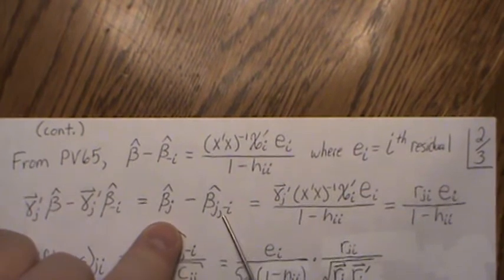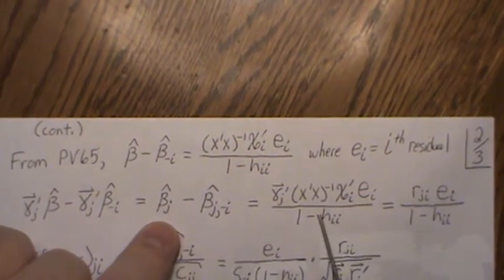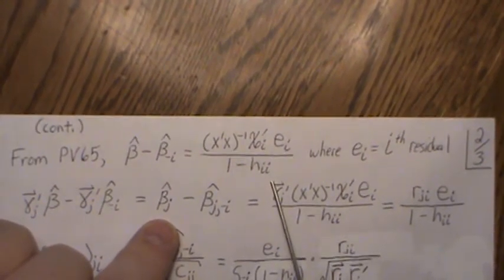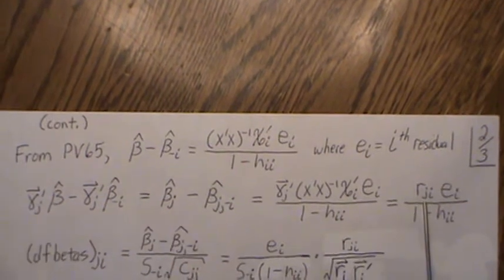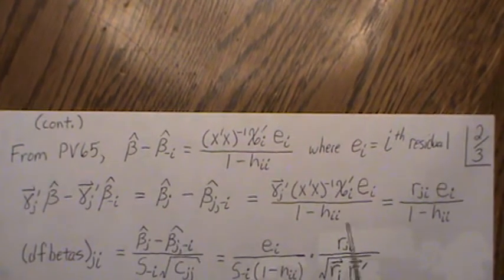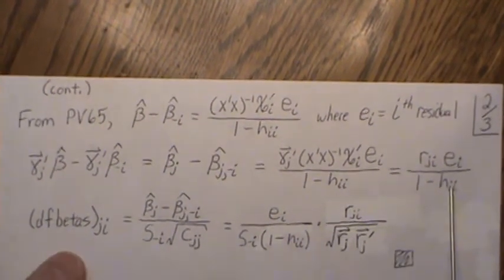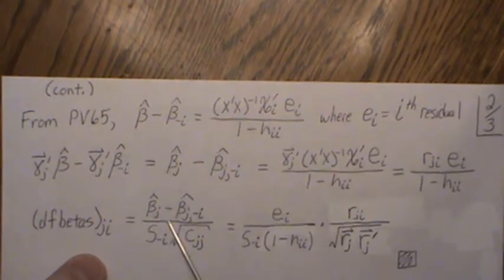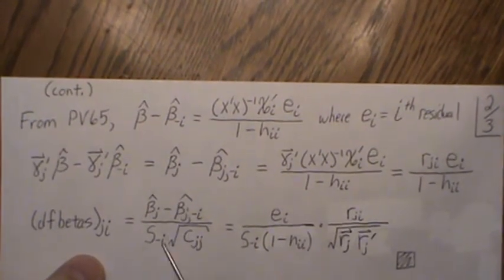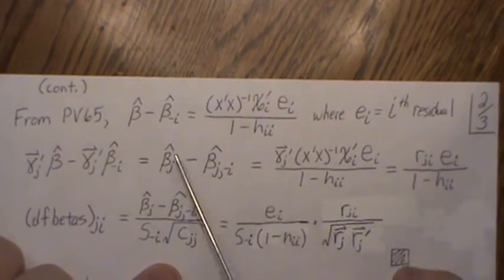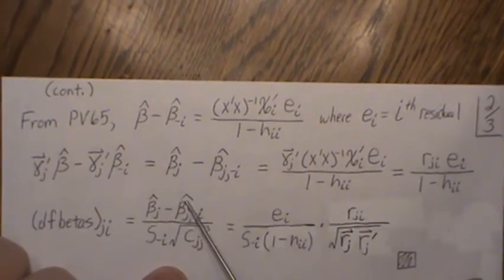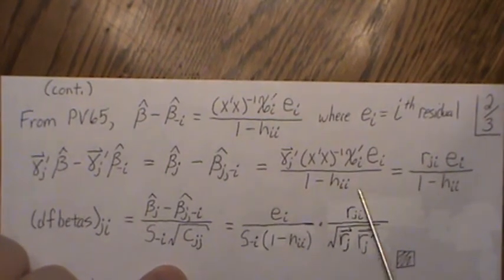Right, this is part of DFBETAS, but what does this represent? Well, this piece here we were calling R_ji, of course the residual, and that stays the same. So the DFBETAS can be thought of as this, but now we substitute this in, and we get this.